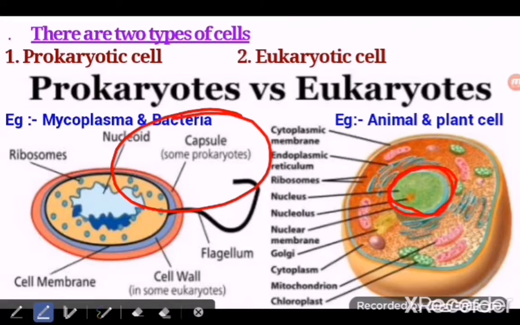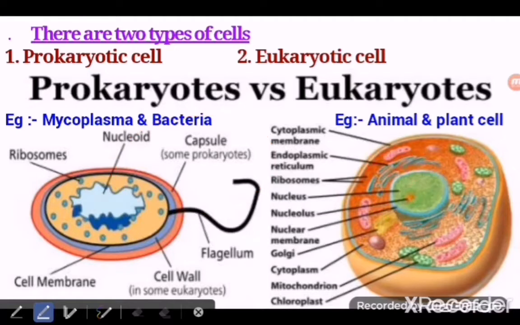This is the nucleus, and this is the nuclear membrane. A nucleus which is not surrounded by a nuclear membrane is called a false nucleus. So prokaryotic cells are the cells in which a false nucleus is found, meaning there is no nuclear membrane present.